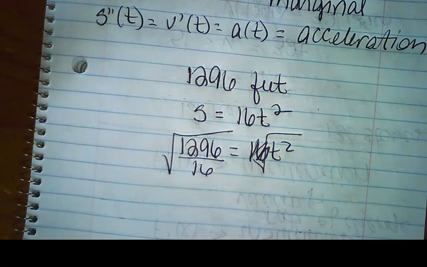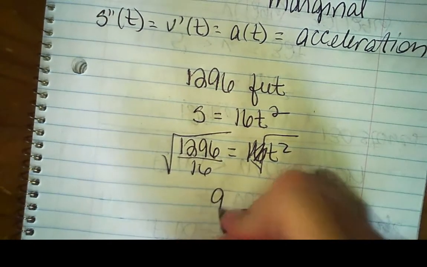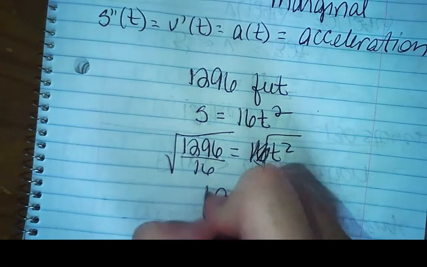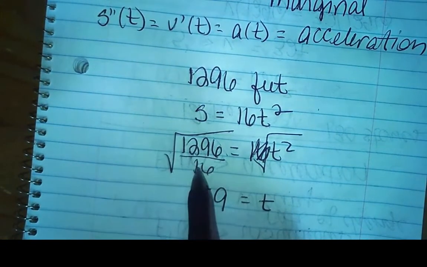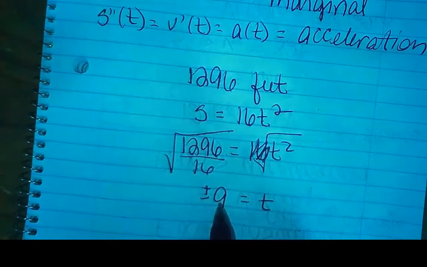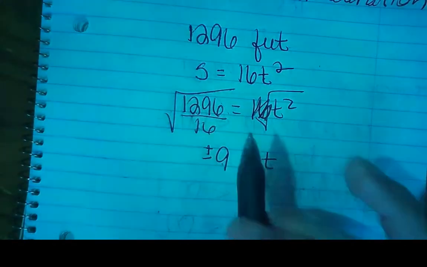All right, so the square root of 1296 over 16 is 9. So this will give you 81, and then the square root of 81 is 9. What did you just find?